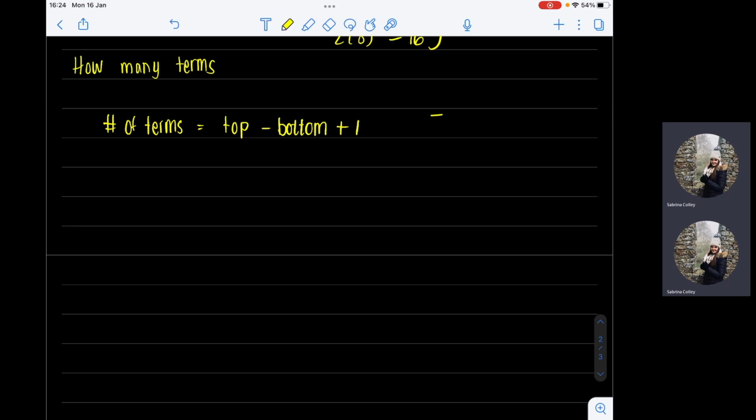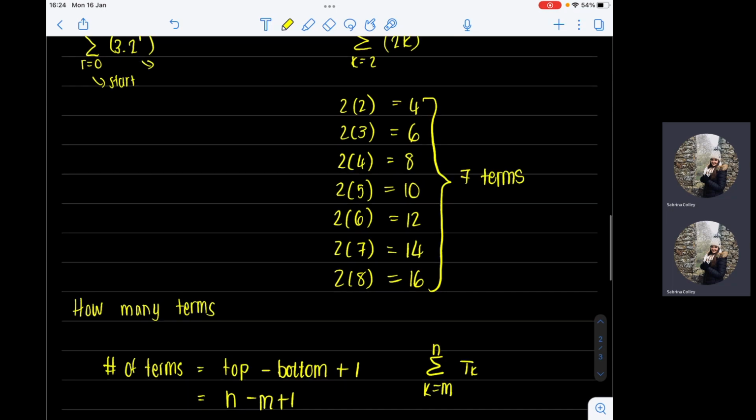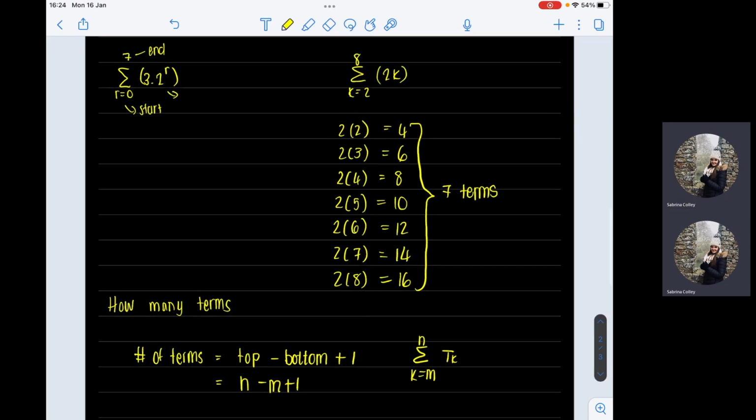So for instance, if I've got my sigma notation with n on top, k equals m on the bottom, and this is tk, then my formula would be n minus m plus 1. Because if we look at this example here, my top number was 8 and my bottom number was 2.